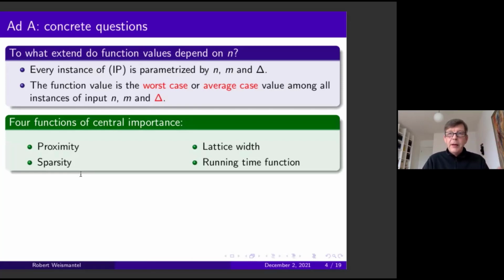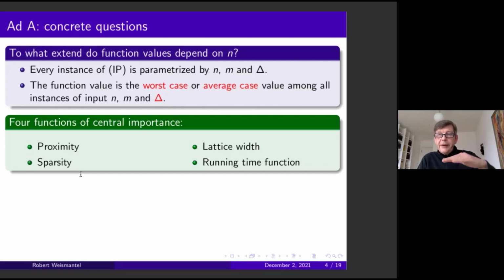Proximity function. So proximity is really at the core. In fact, proximity asks for a bound on how far LP optimal solutions and IP optimal solutions are away from each other.